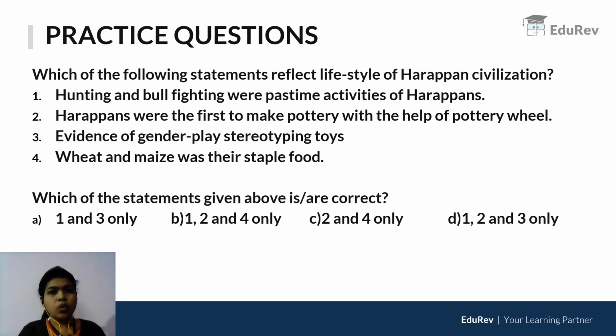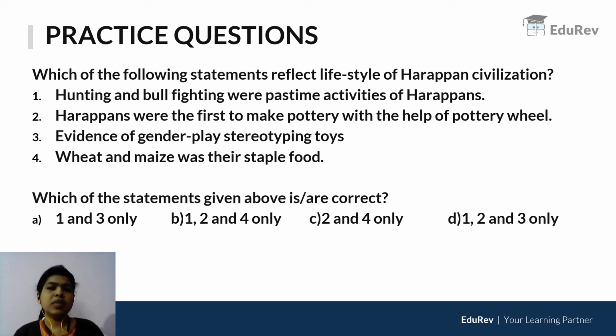Later on, they took to the pottery wheel, which suggests that pottery was not first invented by the Harappans. So Neolithic people started making pots. Similarly, there was also evidence of pottery in Mesopotamia. Around 7000 BC, you had this evidence of pot making. So that was not first invented by Harappans.